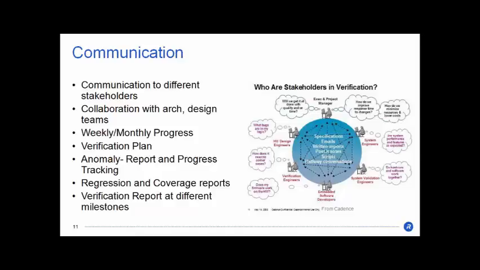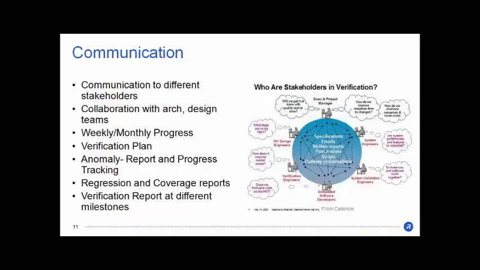And weekly or monthly progress reports, depending on how you work with them, have to go out on time with the right kind of information. Your verification plan has to be reviewed with all the stakeholders so that you get all the input and what people want is there. The anomaly report talks about whether the design is stable or not, so that when you plot the curve, it shows whether things are converging or not.